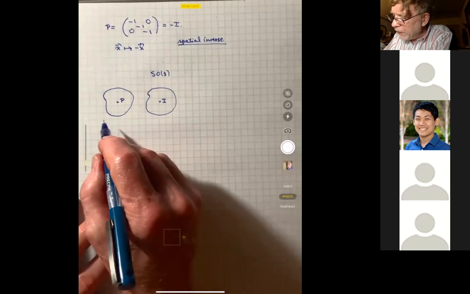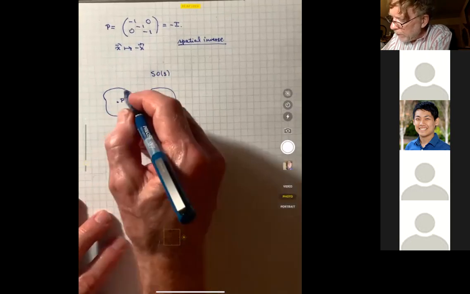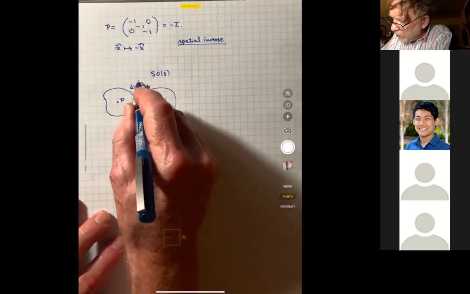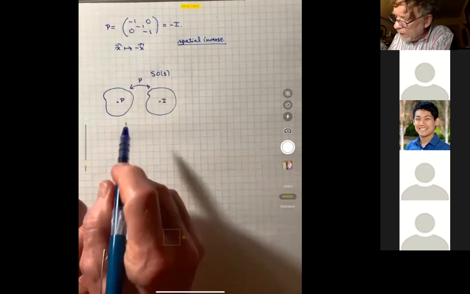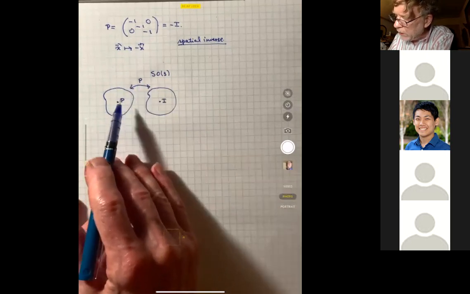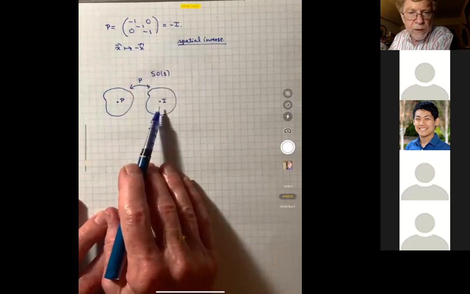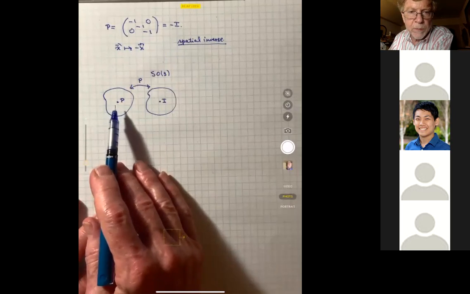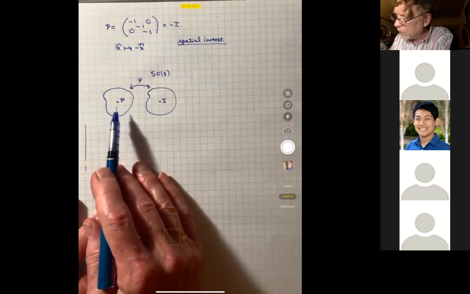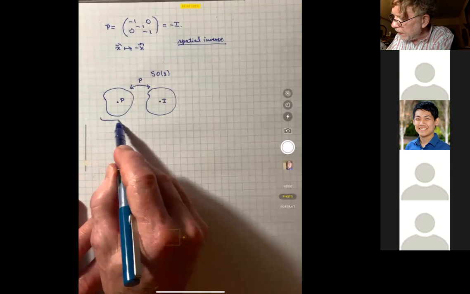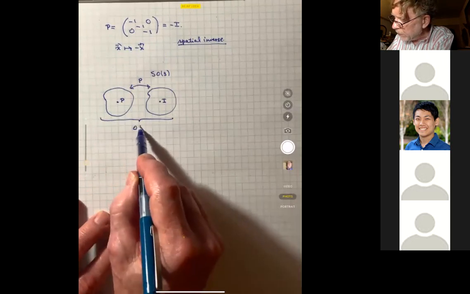The set of improper rotations is not a group. However, the P matrix maps you from one to the other. If I take any matrix over here and multiply by P, which is really just multiplying by -1, it turns into a proper rotation and vice versa. So you can bounce back and forth between these two sets just by multiplying by -1. The two sets taken together are the full rotation group O3.